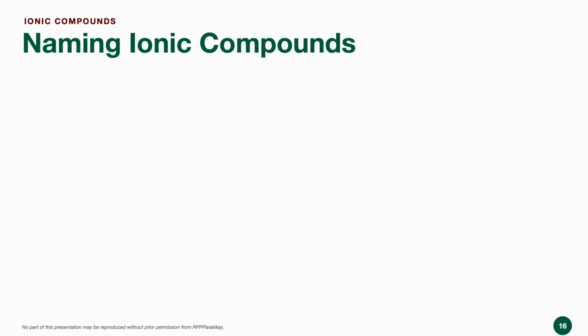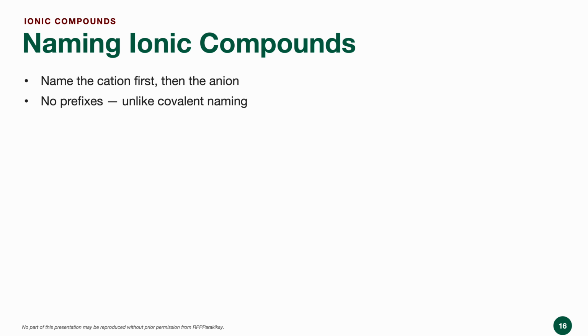For naming ionic compounds, the main rule is simple compared to covalent naming. So cation name first, followed by the anion name. And most importantly, no prefixes; we don't say disodium or anything like that for a simple binary ionic compound, because the formula's subscripts are already fixed by the charges. So there's no ambiguity to resolve with a prefix.